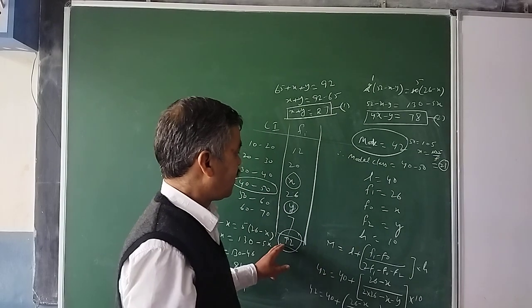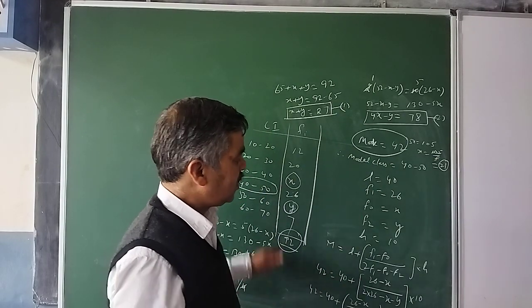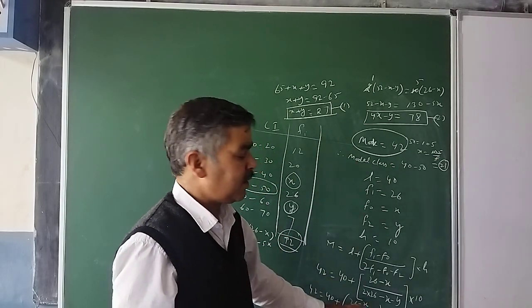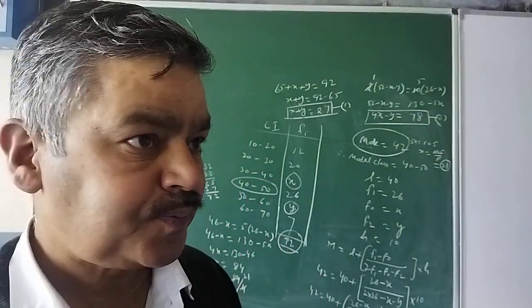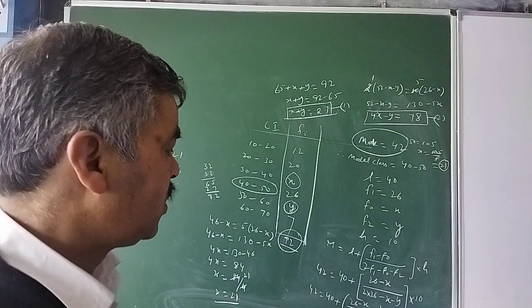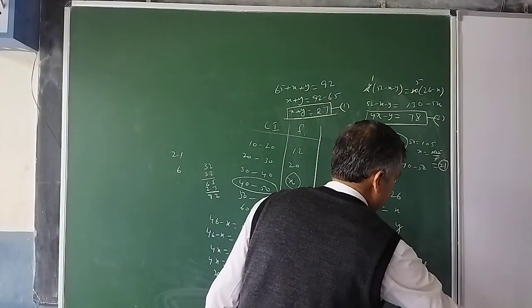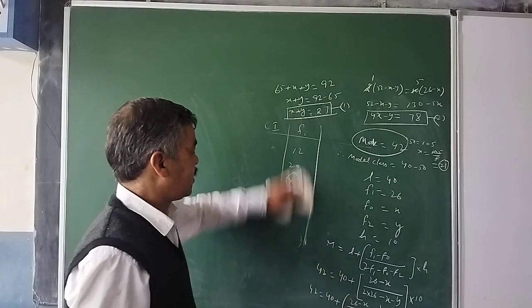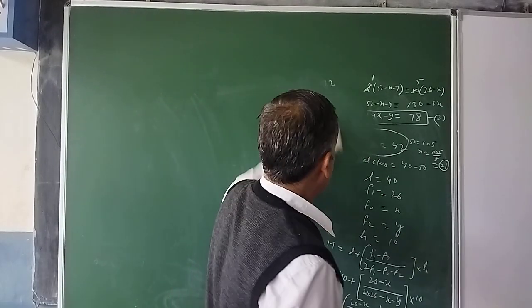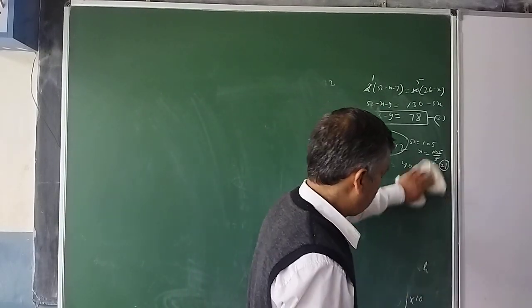Use these two pieces of information, and for the rest, use the same manner as you did in calculating the mode. So that's all about the discussion of calculating the missing frequencies, whether that is 1 or 2, in case of calculating the mode.